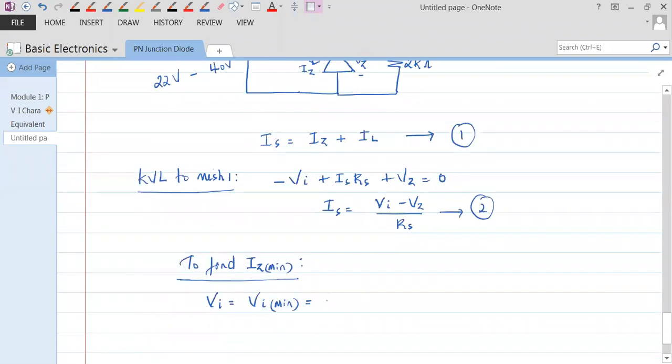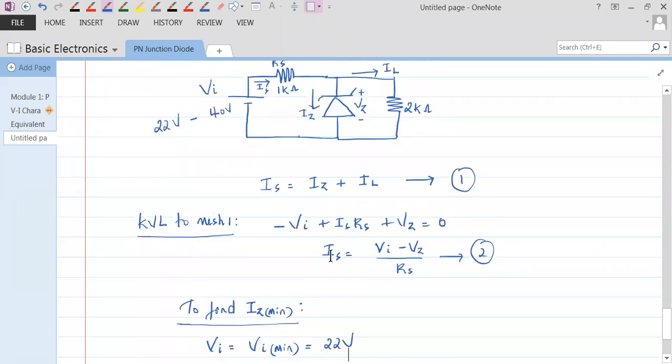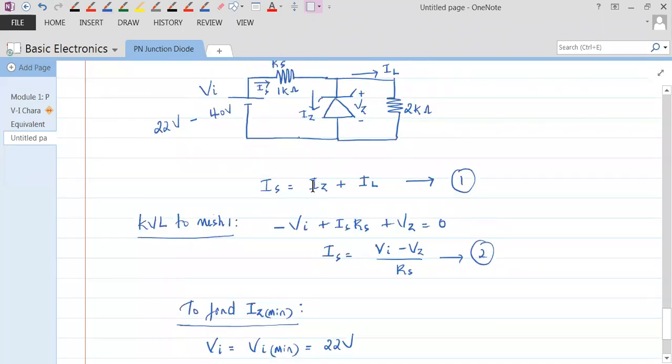Everybody get that point? Now, to find IZ, we need to know IS, so that can be obtained from this. So can we all obtain IS minimum now?